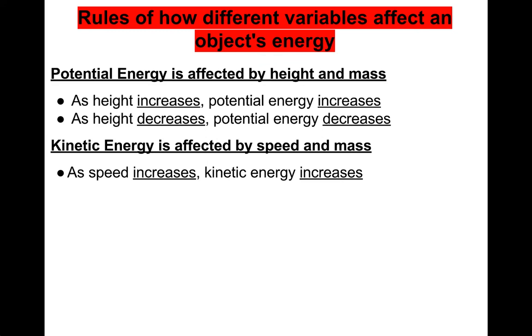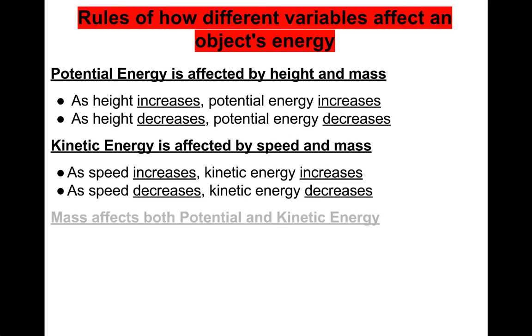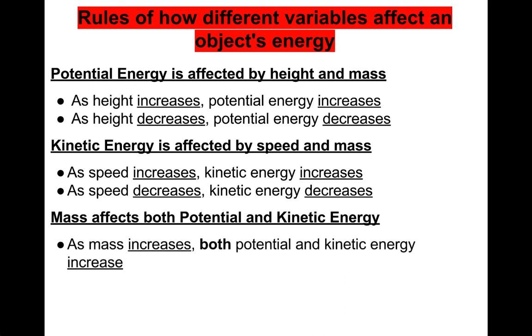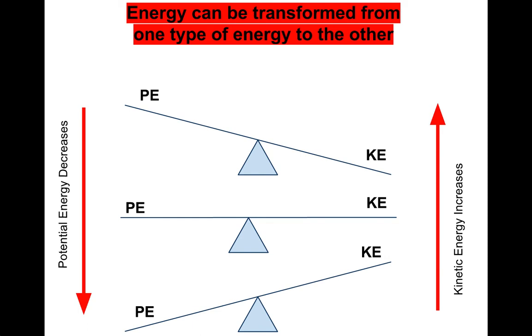So as speed increases, kinetic energy increases. As speed decreases, kinetic energy decreases. Mass affects both potential and kinetic energy. As mass increases, both potential and kinetic energy increase. As mass decreases, both potential and kinetic energy decrease.